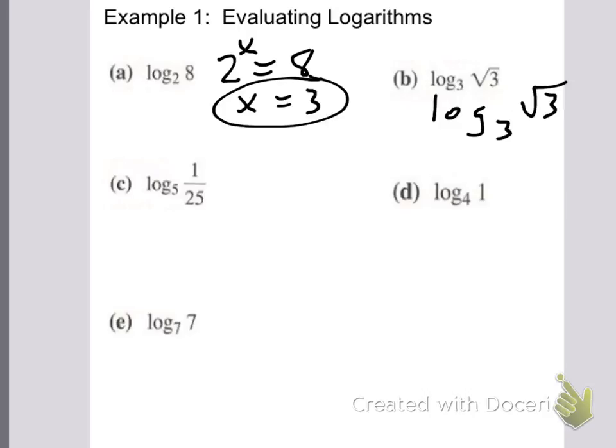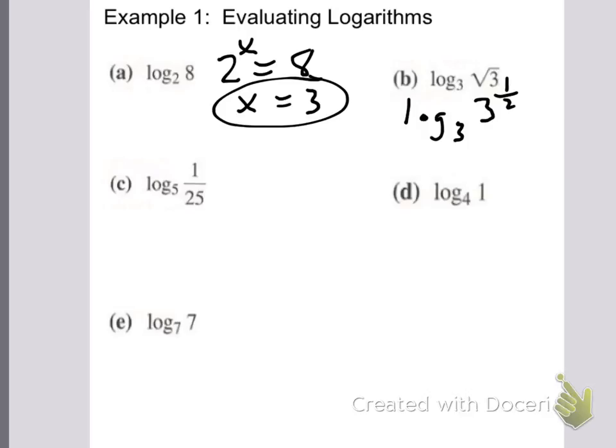What happens here is that the square root of 3 is the same as saying log base 3 of 3 to the 1/2 power, right? Square root is a 1/2 power. Now, we have a rule.